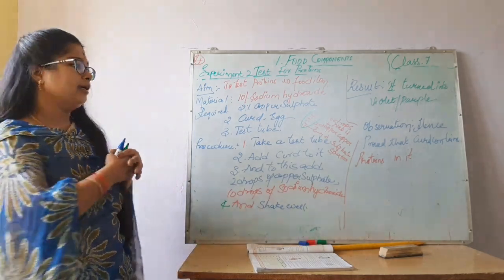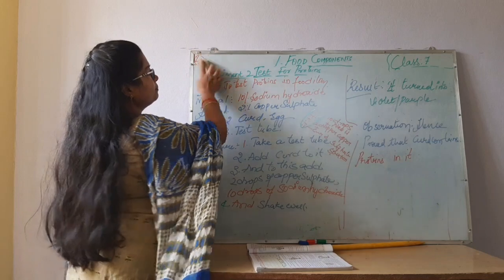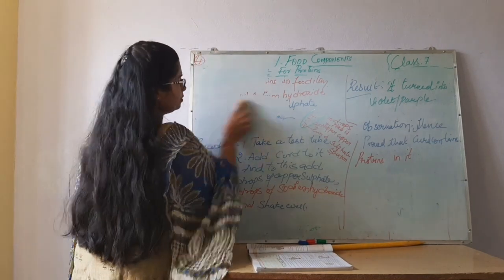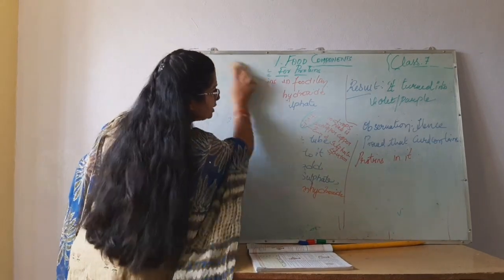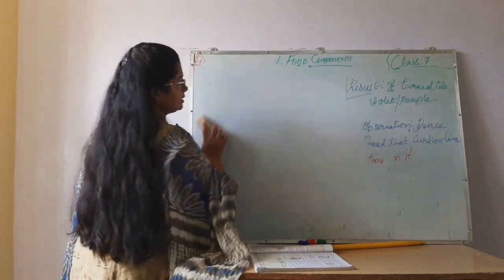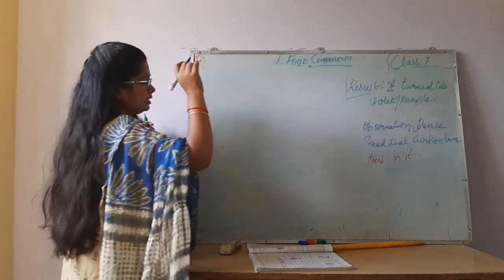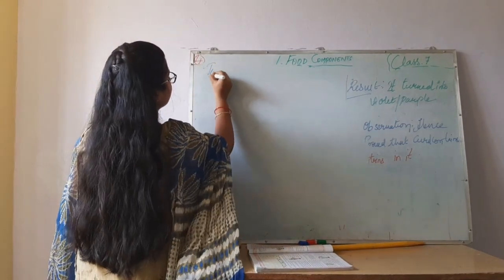It depends on that. Next, there is a table for you, table 2. Let me draw that table and explain. They are going to ask you after this experiment whether the food contains these. Okay, testing of food items.